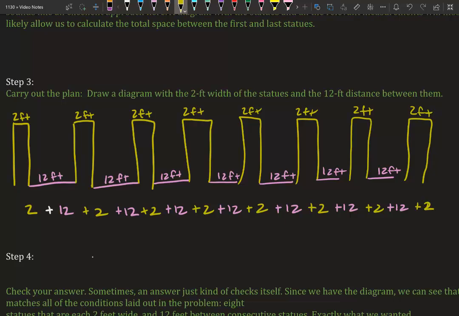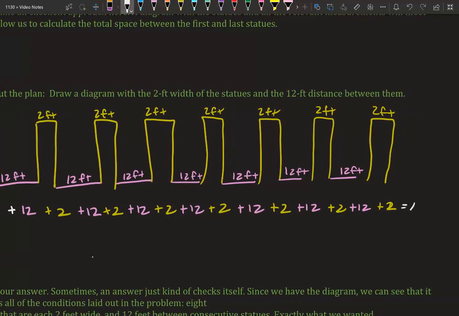So if you count, we have 1, 2, 3, 4, 5, 6, 7, 8 twos. That means we have 8 statues. And if we add all of those up, we actually get 100 feet. So you need 100 feet to create these statues.